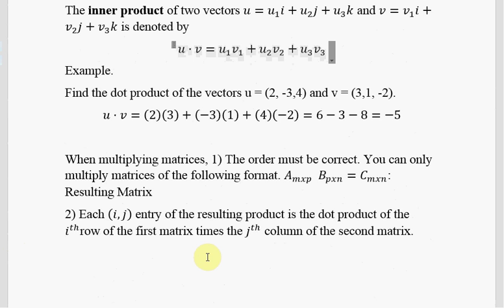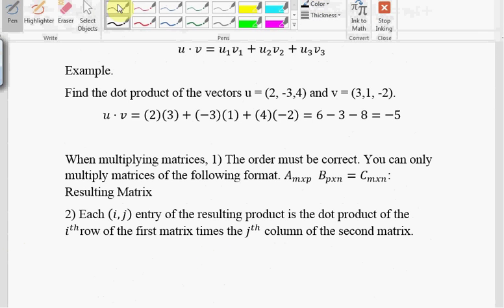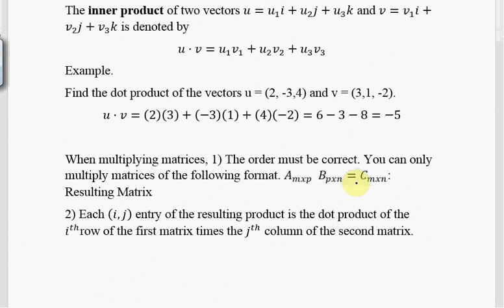The result, I just call this resulting matrix C. The result is always the number of rows of A, M, by the number of columns of B, N. So the M by N. The number there has to be the same.